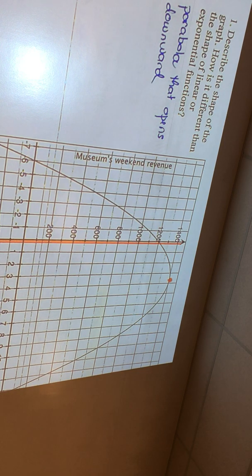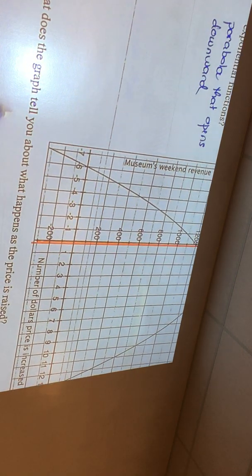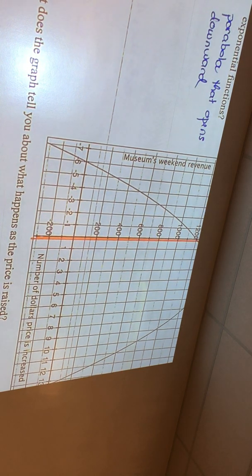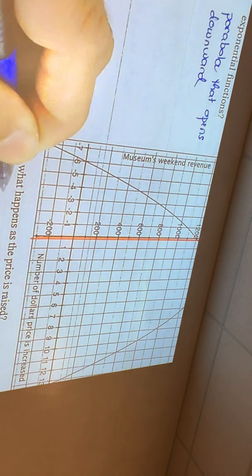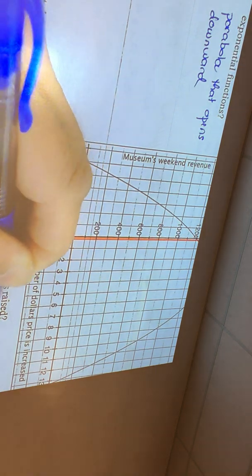Is that right? Okay. So are we clear with our explanation for number 2? So there will be a point in time wherein you have to, what does the graph tell us about as the price is raised? So we say revenue increases at a certain point, and then will decrease after that.